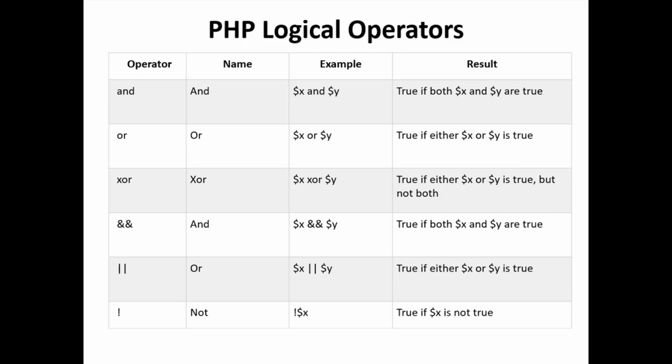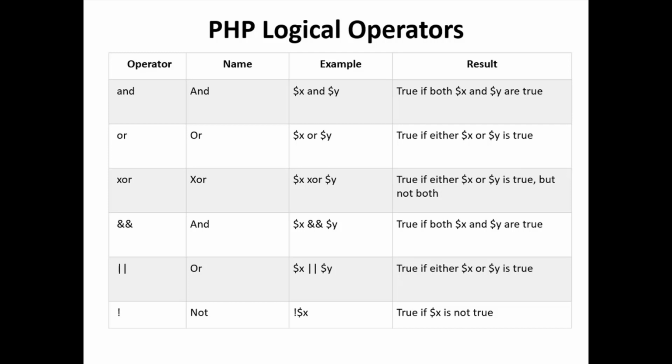On the left hand side, you are able to see their representation and their example. If you use AND, that means both must be true. That is x and y both must be true. Then only you will be getting the true output.